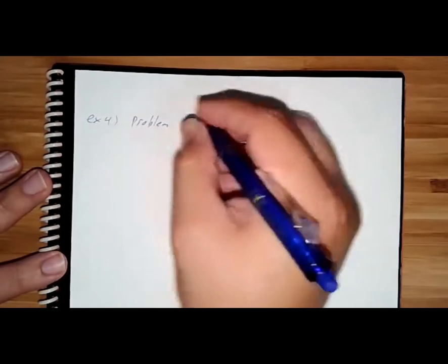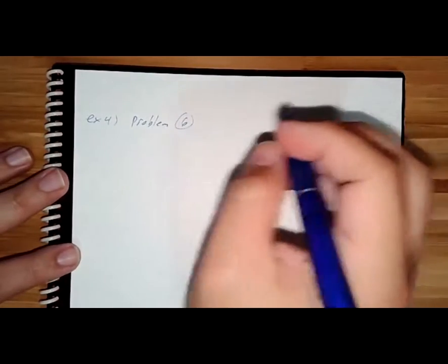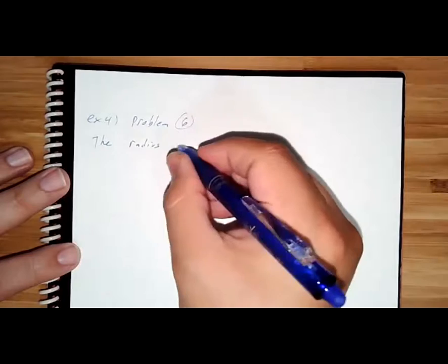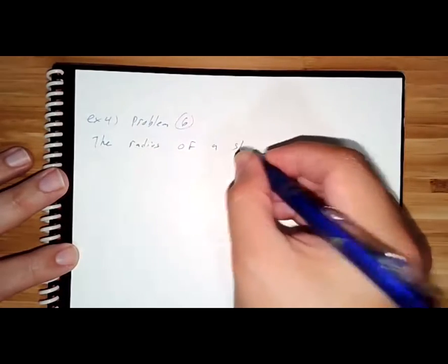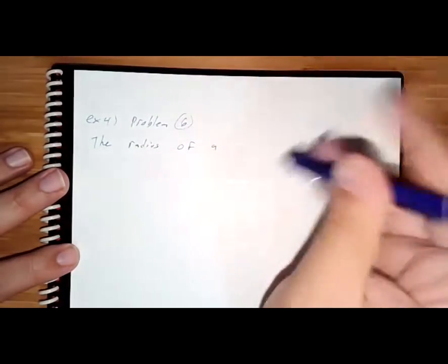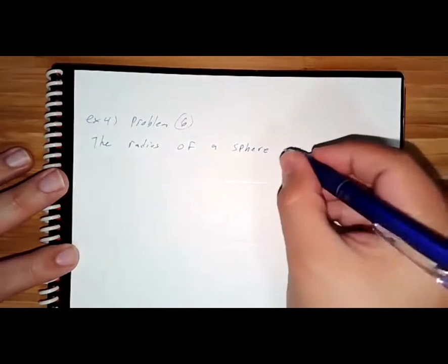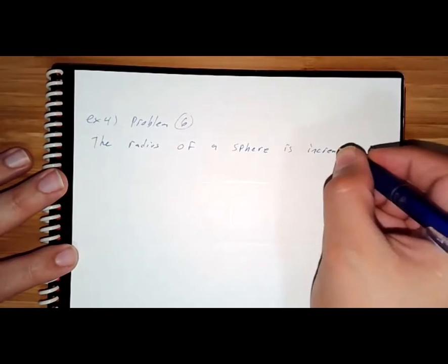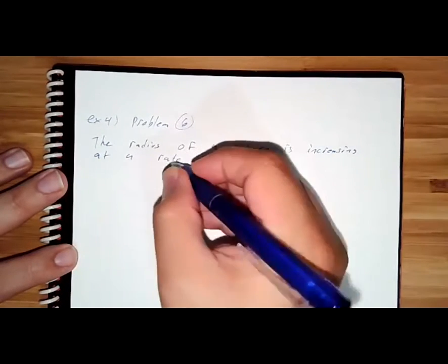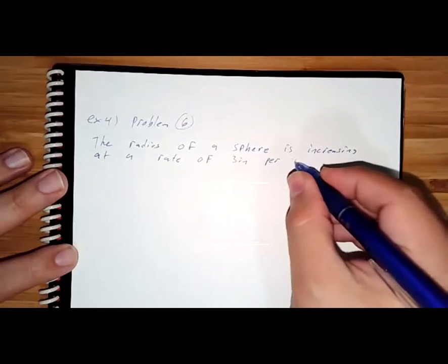Problem 6 from your homework. It says the radius of a sphere is increasing at a rate of 3 inches per minute.